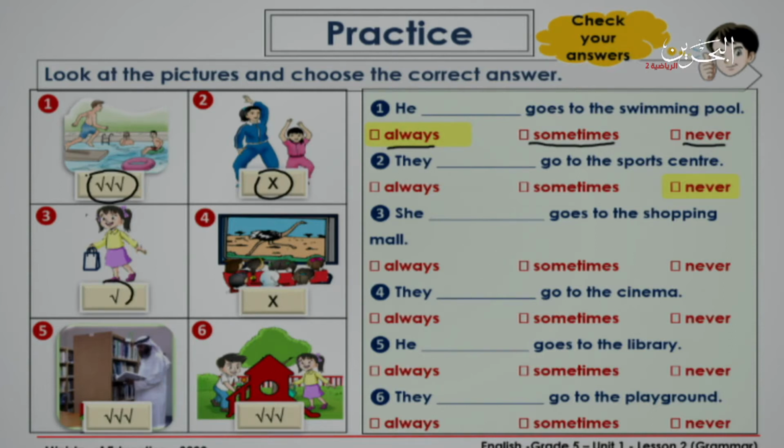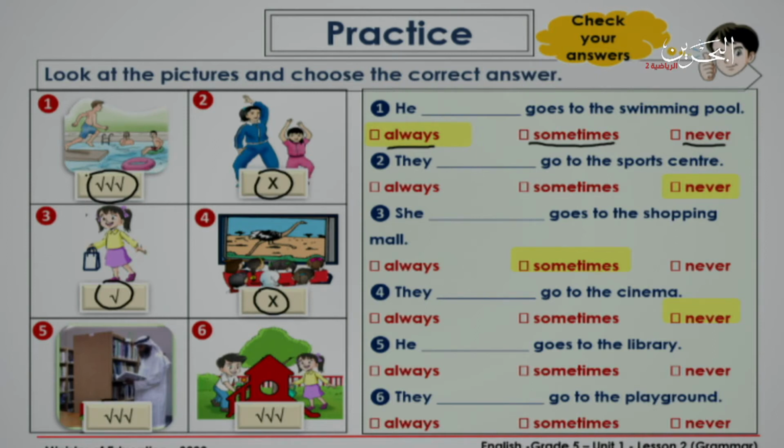You have only 1 tick. She sometimes goes to the shopping mall. Very good. Number 4. You have X. They never go to the cinema. Excellent. Number 5.